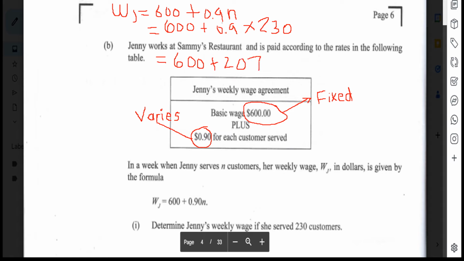And then we use a different color marker to put the total. 207 plus 600 gives us a total of $807. So that in a given week, when she serves 230 customers, her wage is $807.